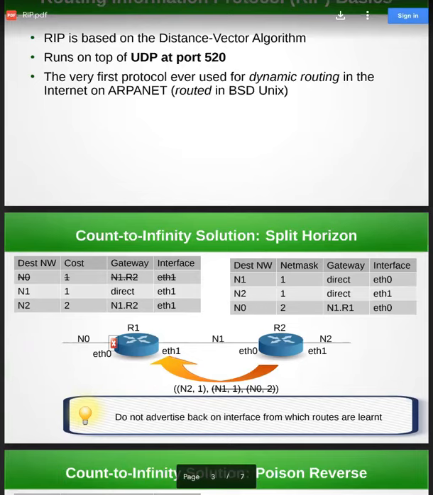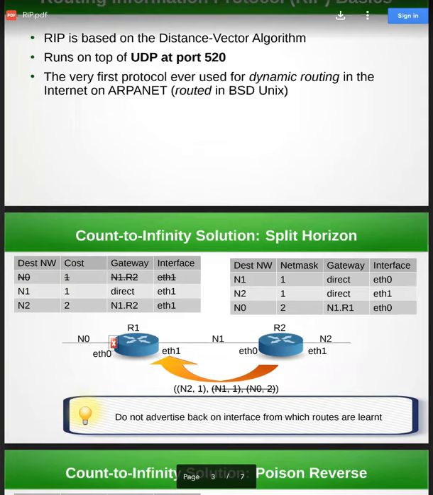Now R2 will also advertise on ETH1. When it advertises on ETH1, it will advertise both N0 and N1 on the ETH1 interface. I haven't shown those advertisements in these pictures, so please don't assume that R1 advertises only to R2 and R2 advertises only to R1.